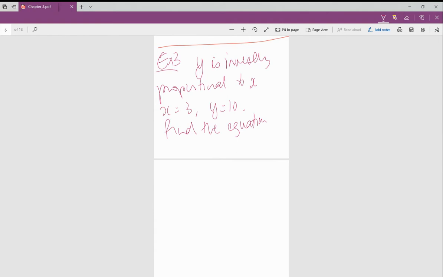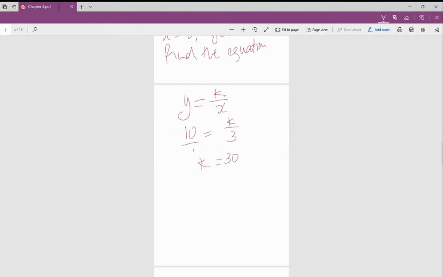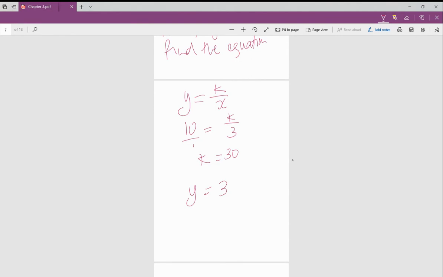You can pause and then you can try. But when it's inverse, y is k over x. Remember, it must be denominator. You must push this to the denominator. So when x is 3, k over 3, y is 10. You can use cross multiplication, k is 30. The equation is therefore y equals 30 over x. And then you can solve thereafter.